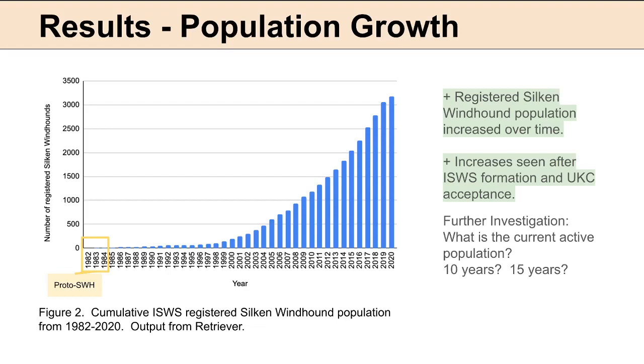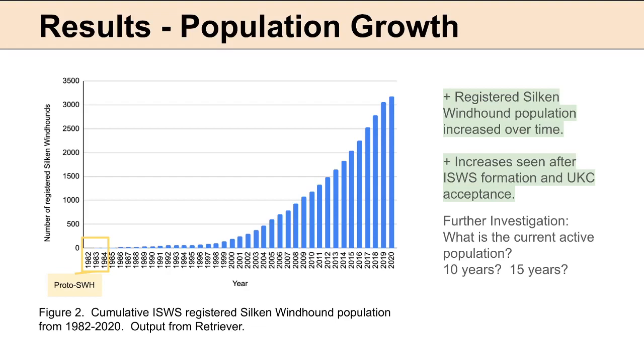As you can see, we have an increasing slope over time that especially increases after ISWS formation in 2000, and the slope of the curve increases around the same time when we reached UKC acceptance. So this is great. It shows that our overall registered Silken Windhound population is increasing.